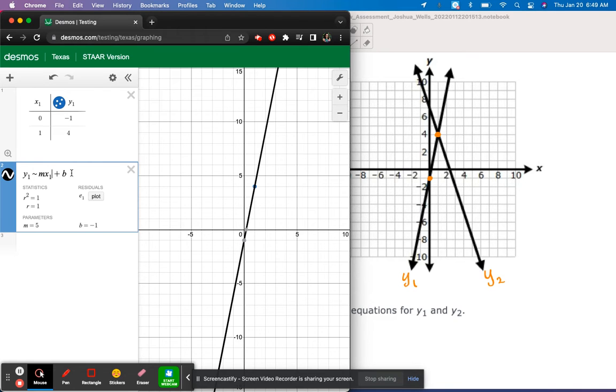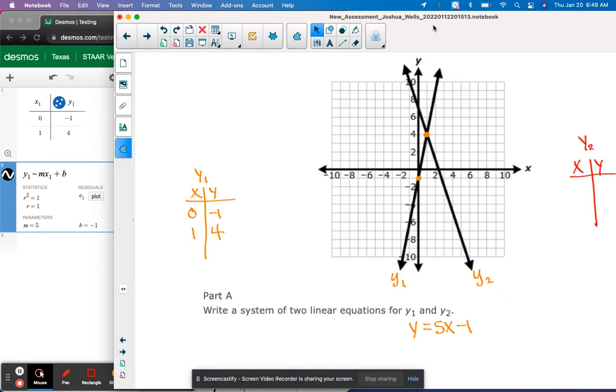Now what I need to do is find 2 more points for the second graph, so for y2. So for the second graph, again, I can choose the y-intercept, which is at 0, 7, and our intersection point, which is at 1, 4.